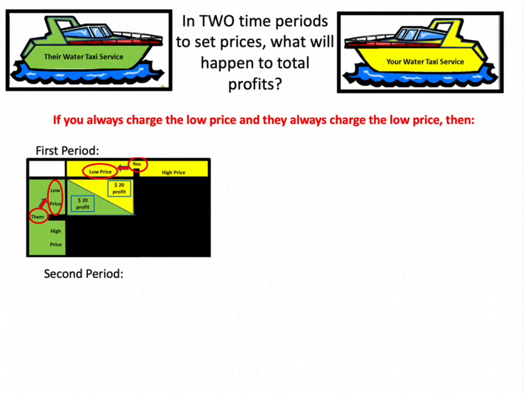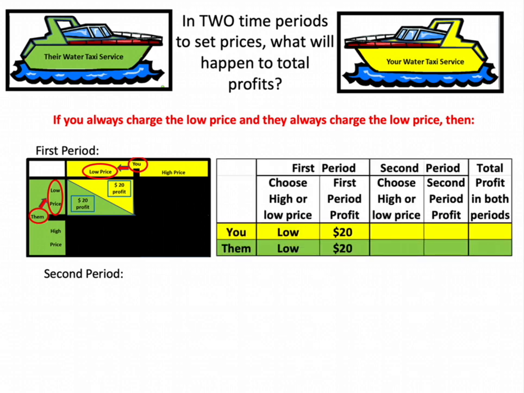So we see the first period, both of you go low, you split the profits 20-20. And if we have that chart again, the one on the right, we see that in the first period, you go low, and they go low. And you see in the first period, you get 20 of profit, they get 20 of profit.